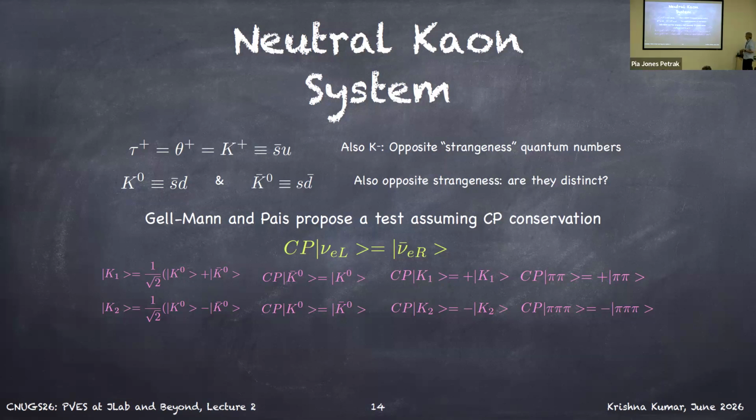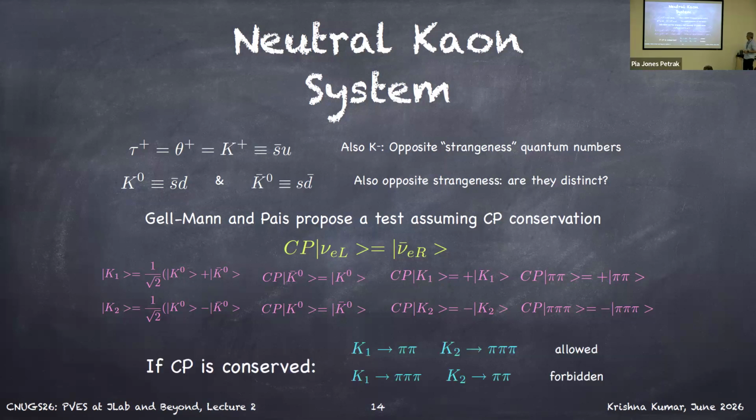So you get a very long lifetime. So they realized that the K2 will have a very long lifetime, and K1 will have a short lifetime. So if CP is conserved, K1 to 2 pions is allowed, but K2 to 2 pions is not allowed. K2 to 3 pions is allowed, but K1 to 3 pions is not allowed. Okay, so here's the experiment.